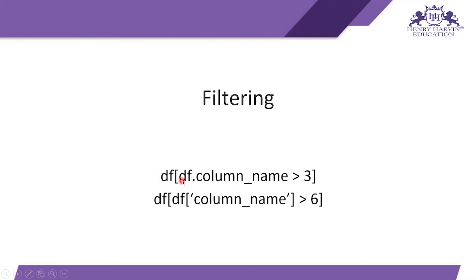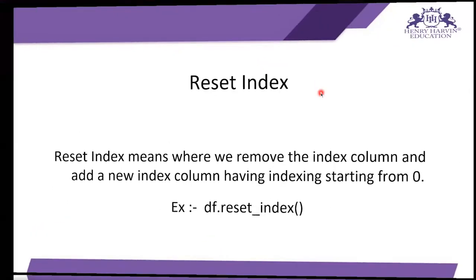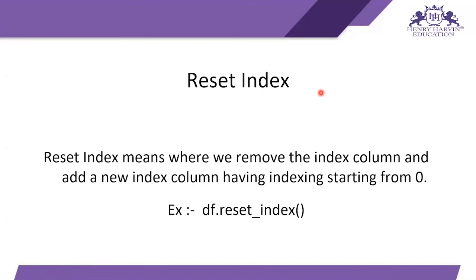That is how you can access your column: df dot column name or df square brackets column name. After this we come to the next thing. Say you get messed up with your index, and you don't want this index column in your data frame. You want to re-index your rows from 0 to the number of rows.